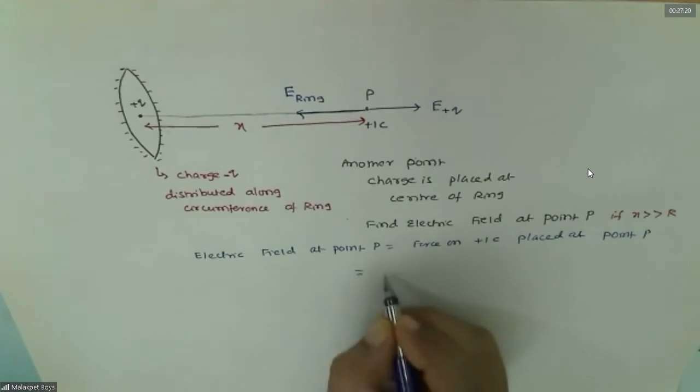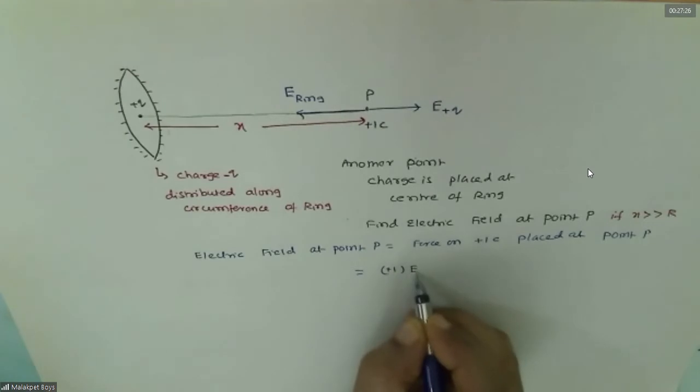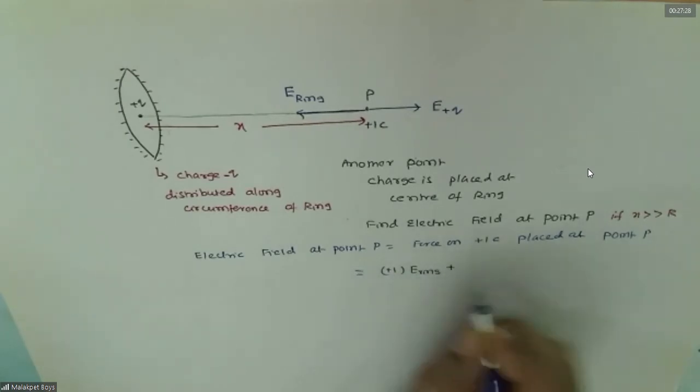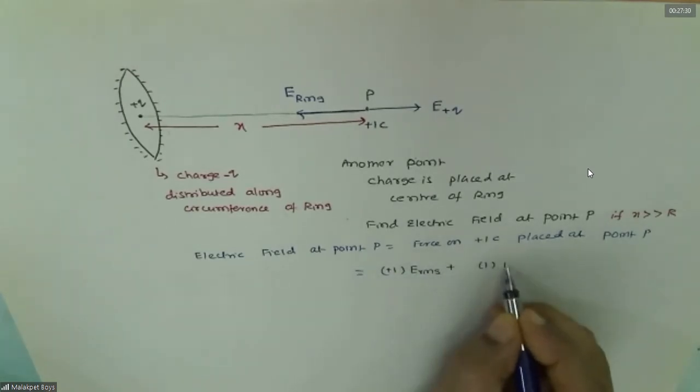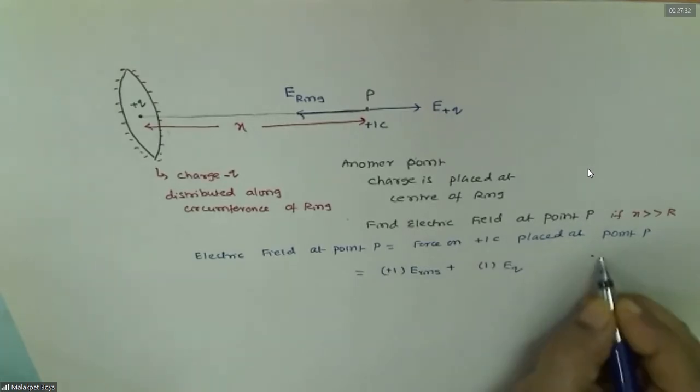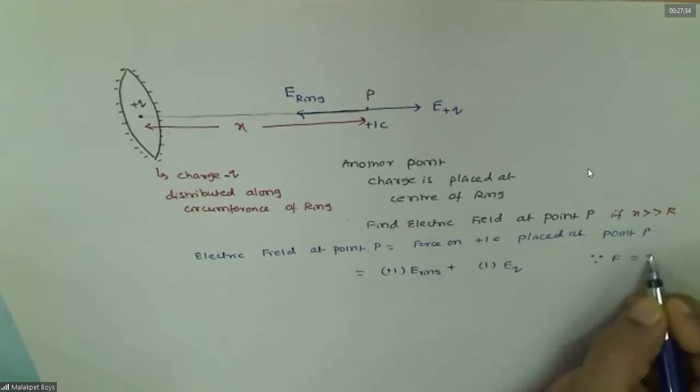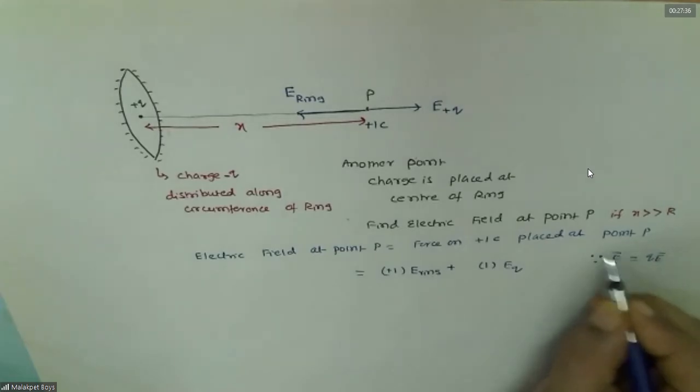So this is nothing but due to the ring, how much will it be? E due to the ring plus Q into E due to Q. Remember? Any doubt till here? No doubt, sir. Agreed.